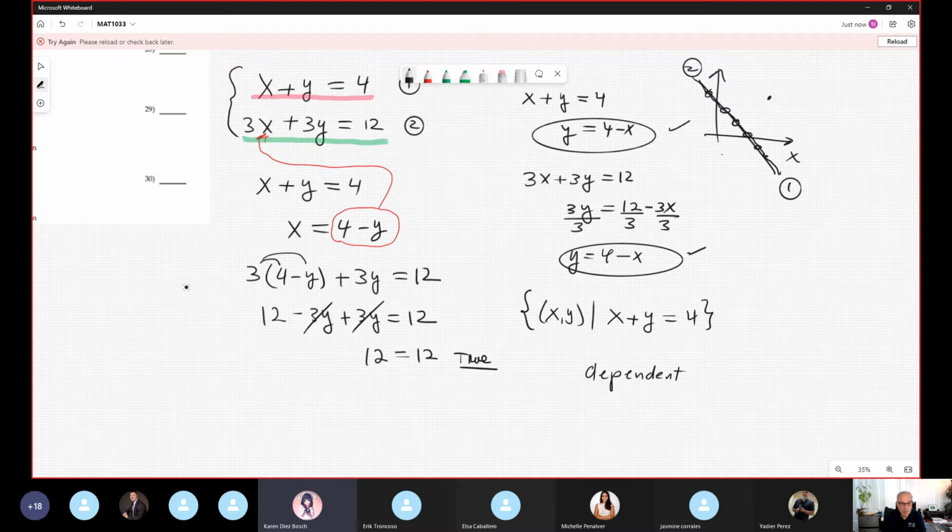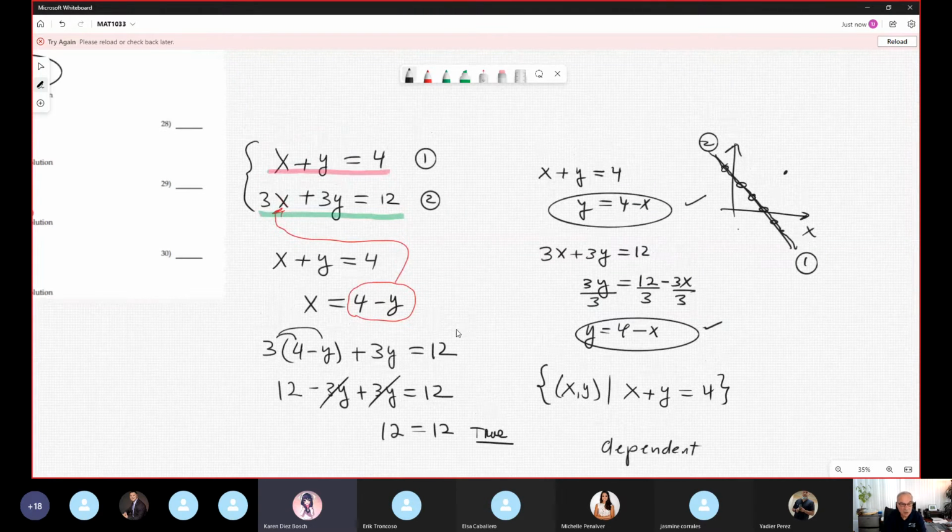Another way to see that: you take the equation 1 and you multiply the entire equation 1 by 3. 3 times x, 3x. 3 times y, 3y. 3 times 4, 12. And you get the equation 2.